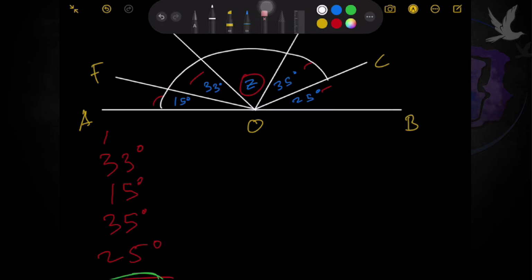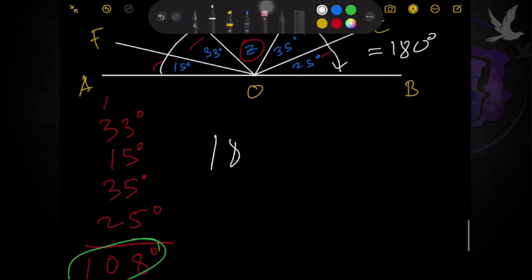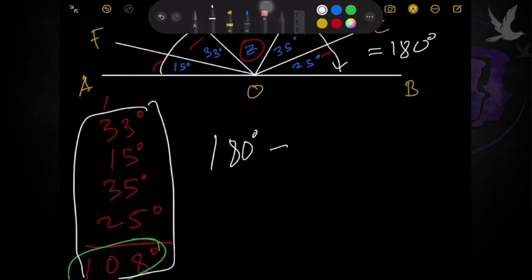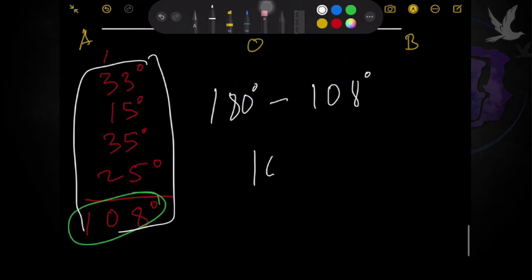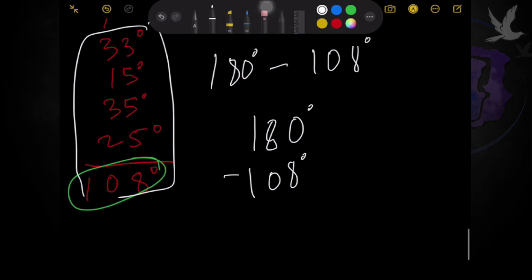From this point all the way here is equivalent to 180 degrees. Right? So, to solve for the missing value, all you need to do is just to take your total, 180 degrees, minus your total from earlier, adding all the given angles, which is 108 degrees. So, that's equivalent to 180 minus 108 degrees.